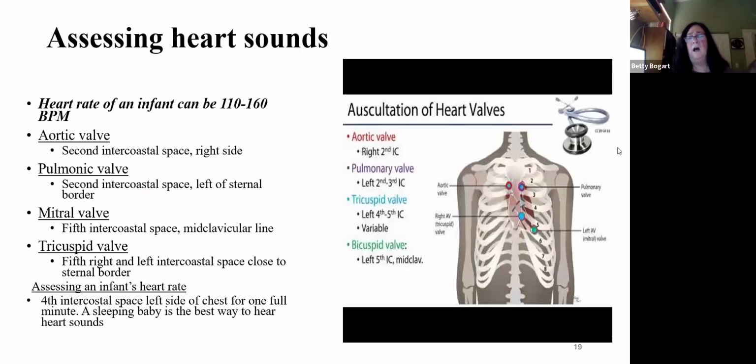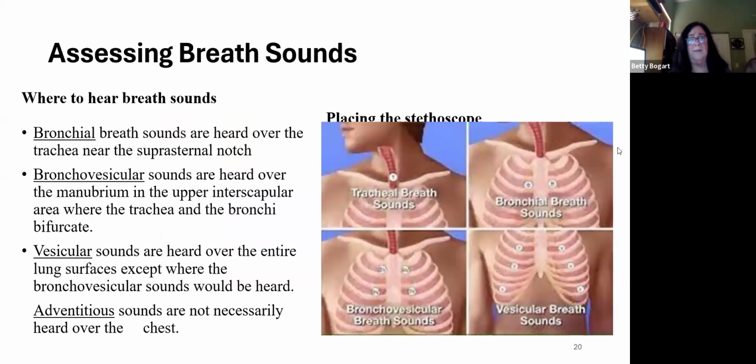Know that assessing the heart, this is where their valves are. It's a good review because next semester in capstone, you're going to have to do this as part of your pass off in your sim lab. One of the things I put down here is the fourth intercostal space, left side of the chest, for your sleeping babies. You count it for 1 full minute because you can hear that sleeping baby's heart and breath sounds better.